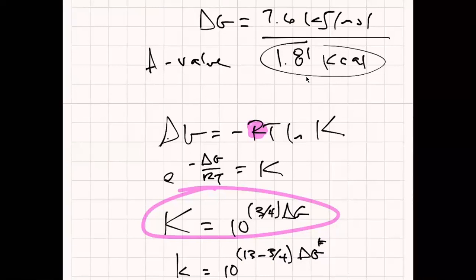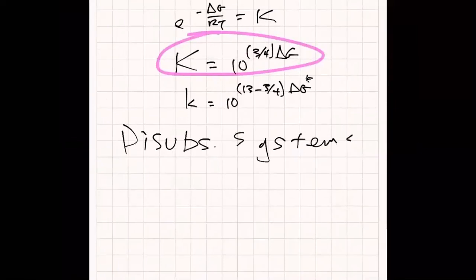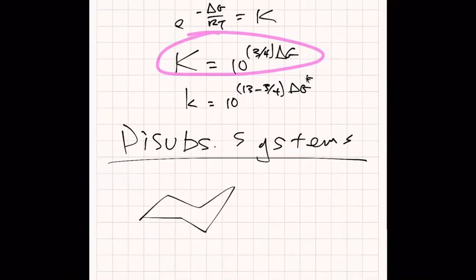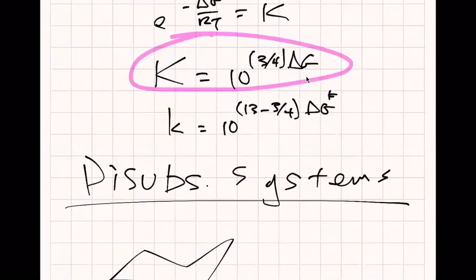Even if you have a chair that's di-substituted, you're still going to have the same interactions. So let's say I put a chair here, and I have a methyl group that's axial here, not there.